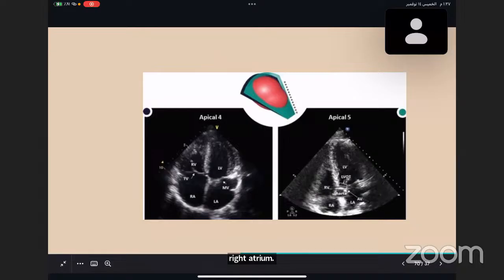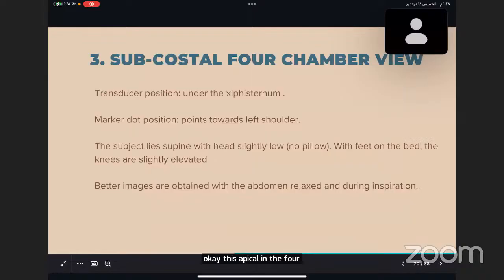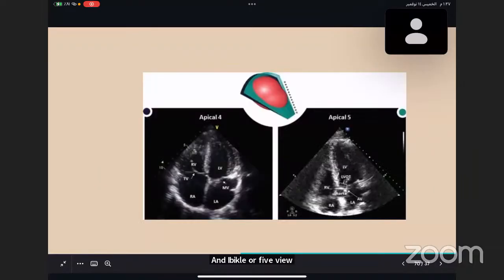Okay, this is the apical 4 and apical 4-5 view. We can assess in the apical view the interatrial septum, pericardial effusion, and descending abdominal aorta.